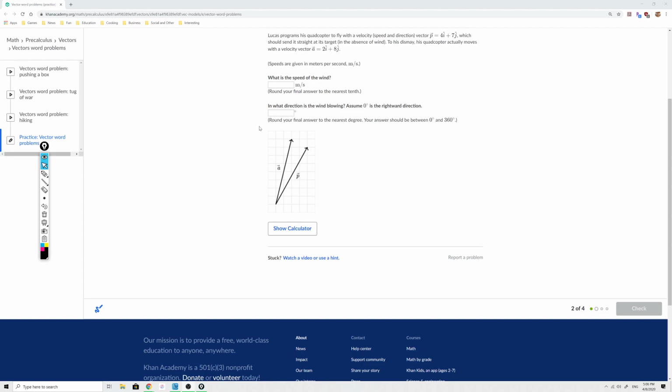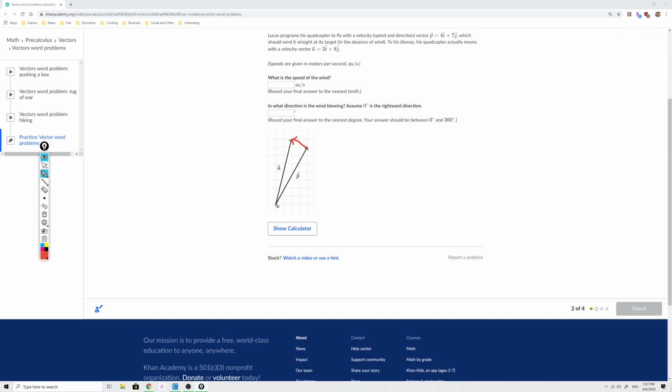So first let's analyze this problem. Let's figure out what happened. How did this drone go from being on course of vector p to vector a instead? Well, what happened was the wind blew it off course. So visually, as a vector, you have this as your wind vector.